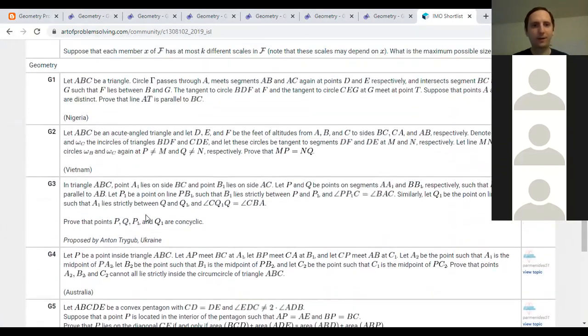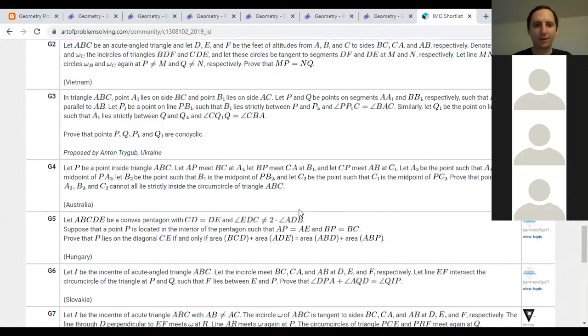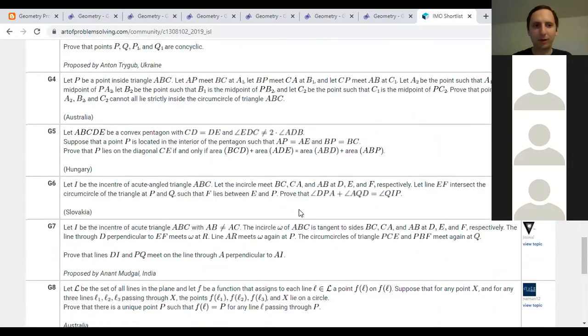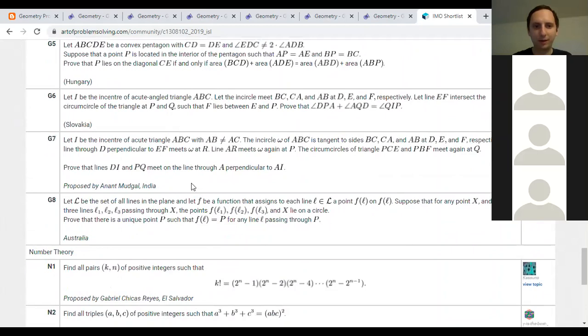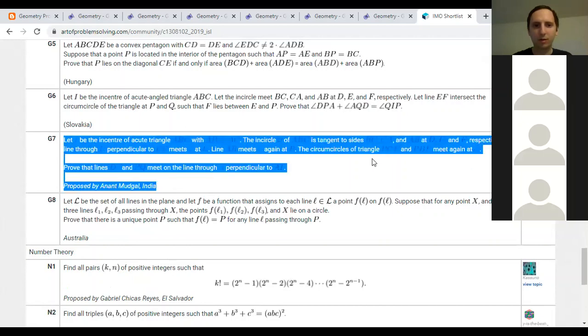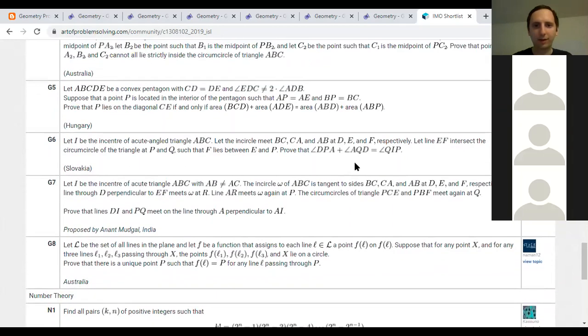I think I might have done a lot of these. A lot of these I think I've already solved. So why don't we start with G8 first? Or maybe G6. Those already came in the exam, and that's a pretty famous one.